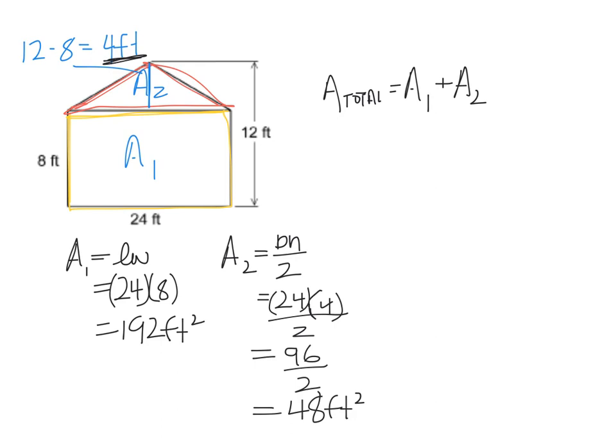Now I can plug those into my total area formula over here. I get 192 plus 48, and that will give me 240 feet squared.